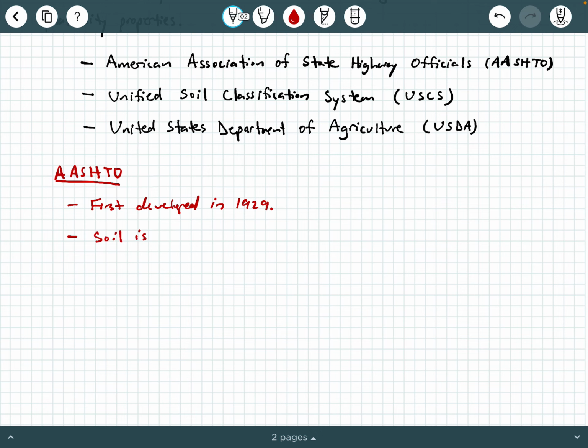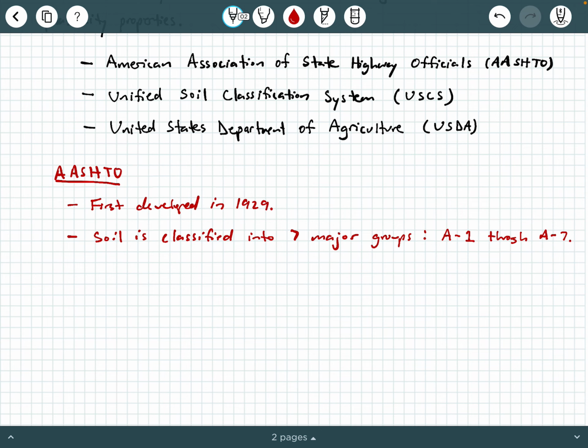Soil is classified into 7 major groups, okay? And these groups have the following designations. They're designated A-1, and they go up to A-7. So the 7 groups are A-1, A-2, all the way up to A-7, all right?